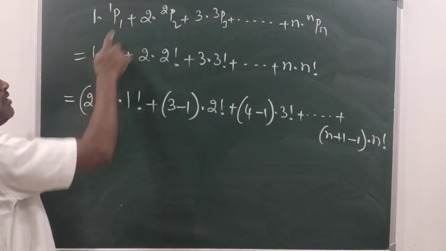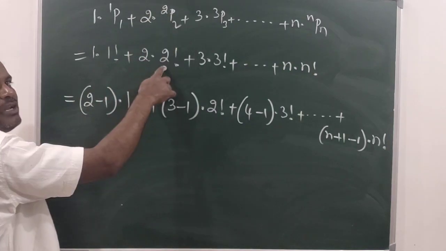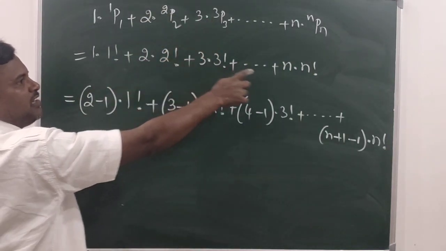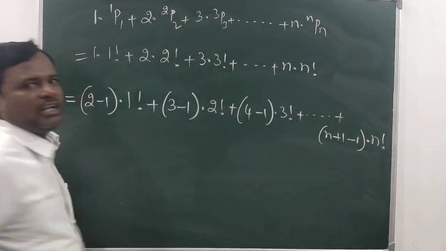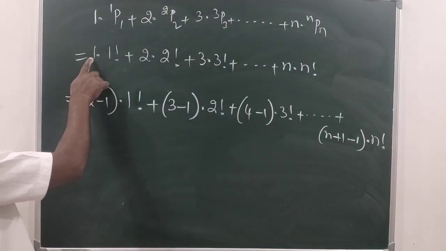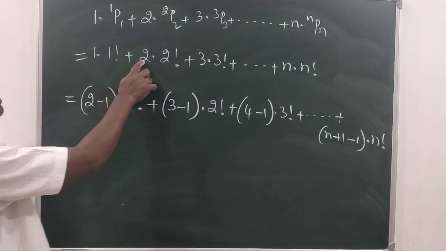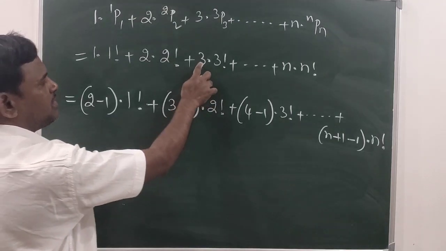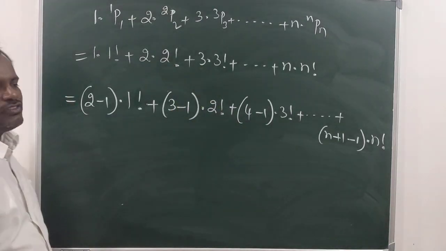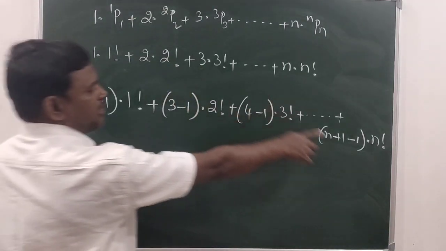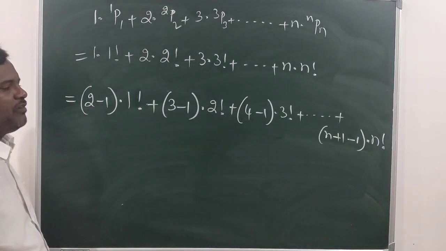From this step to this step, it has come. You know, 1P1 can be written as 1 factorial, 2P2 as 2 factorial, 3P3 as 3 factorial, nPn as n factorial. In the next step, this 2 I have written as 2 minus 1, this 2 as 3 minus 1, this as 4 minus 1 and so on. The last one can be written as n plus 1 minus 1 into n factorial.